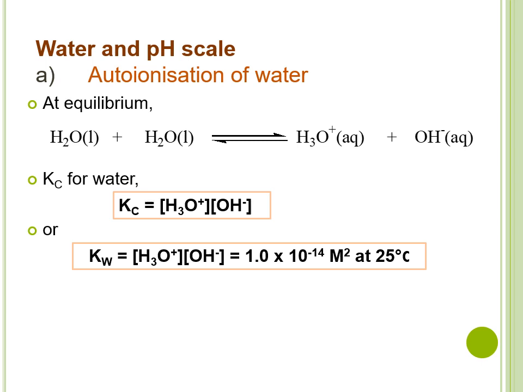Since the water molecules are in liquid form, if we want to find the Kc for this equation, we're going to have only H3O+ and OH-. The Kc for water is known as Kw because this is the ionization constant for autoionization of water, and it has a constant value which is 1 times 10 to the power of negative 14 molar square.